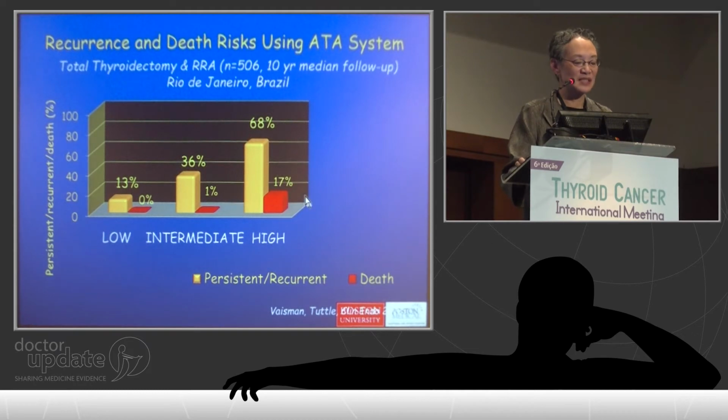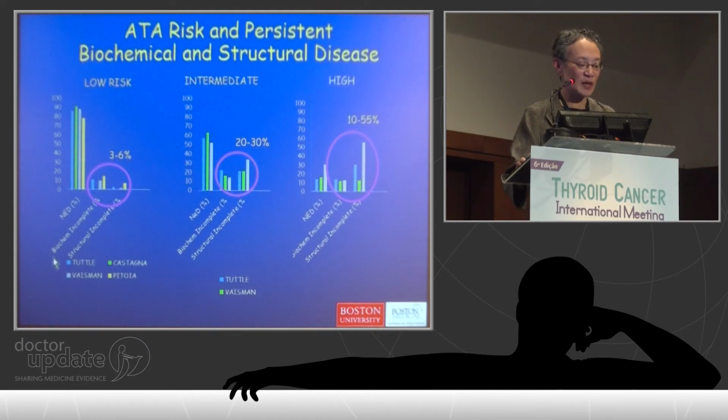Well, the difference is that we're talking about the difference between biochemical incomplete response versus structural. So the vast majority of the low-risk patients, after treatment, eventually become disease-free; you cannot find the disease. A small percentage is biochemical, and very few patients have structural disease.